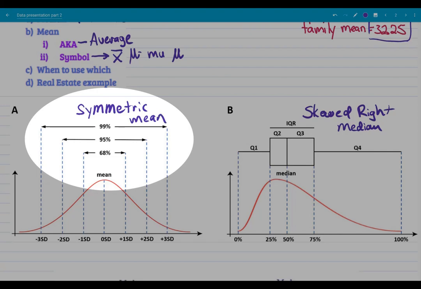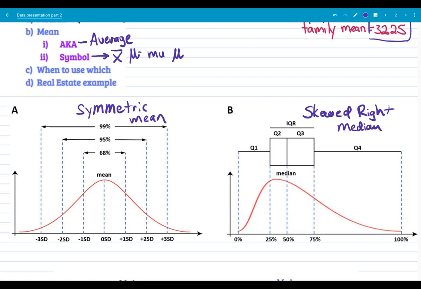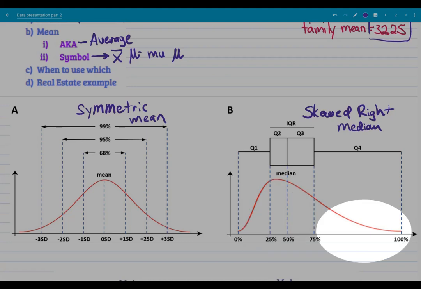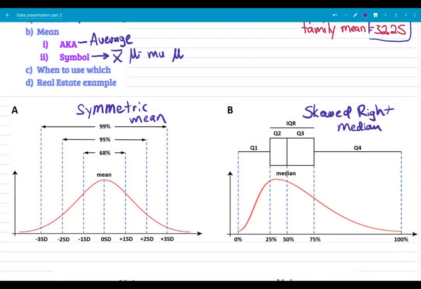Why is that? Well, when the data looks kind of funky, like this, it's got skewed over here. If you take the average, so here's your median, right? Your mean is going to be somewhere around here.